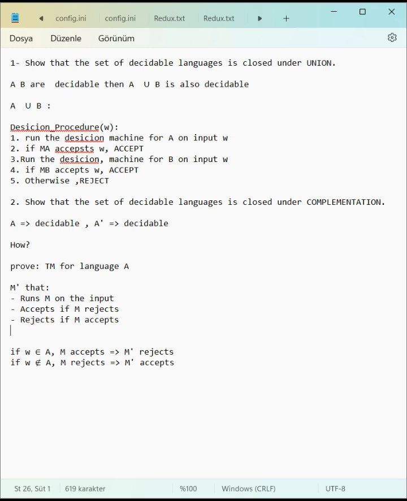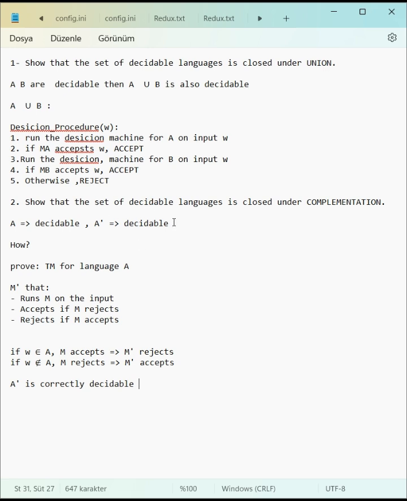This ensures that A is correctly decidable. After this, we can decide A complement correctly. It has the same computational complexity as the original machine.